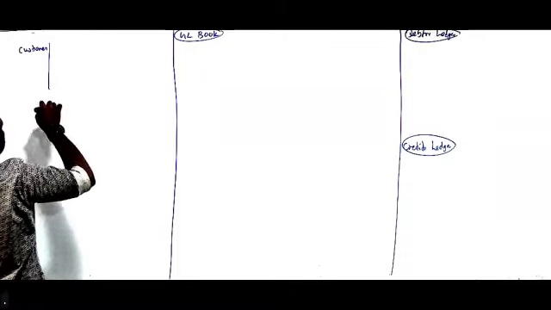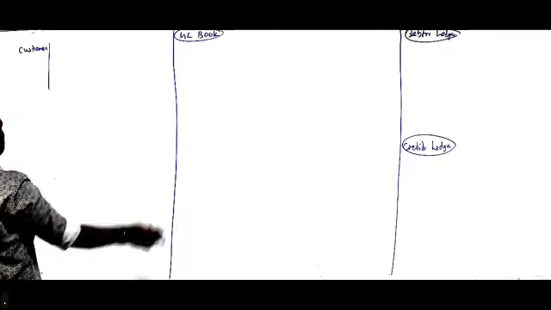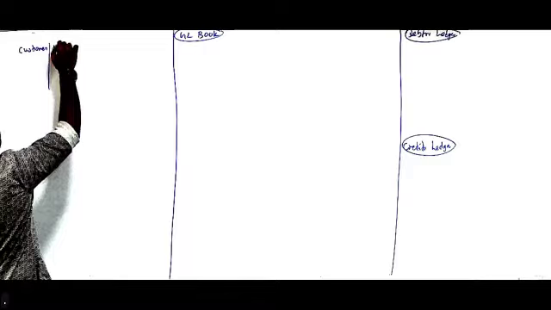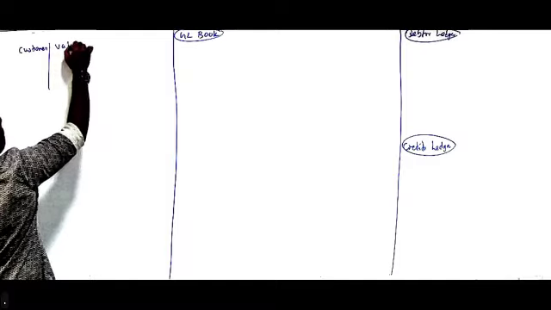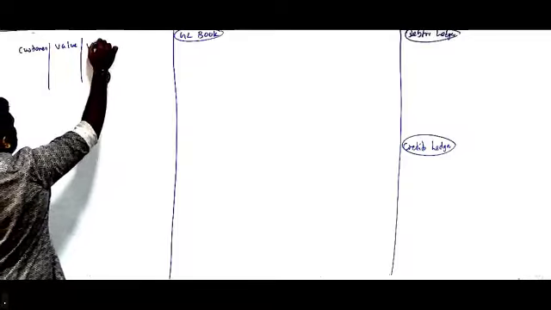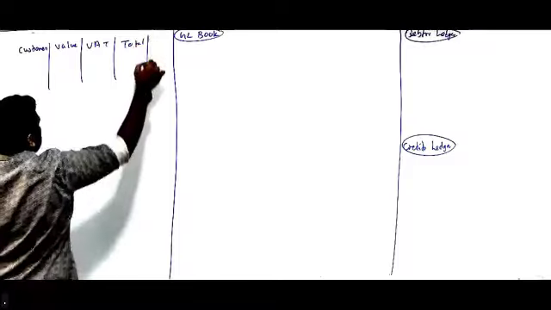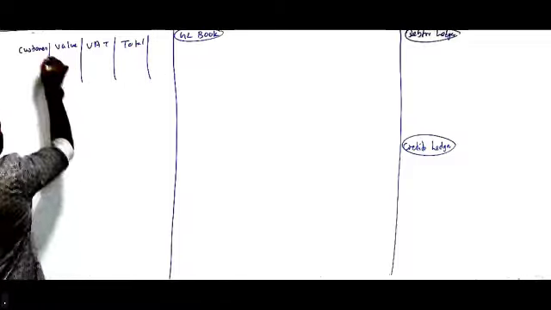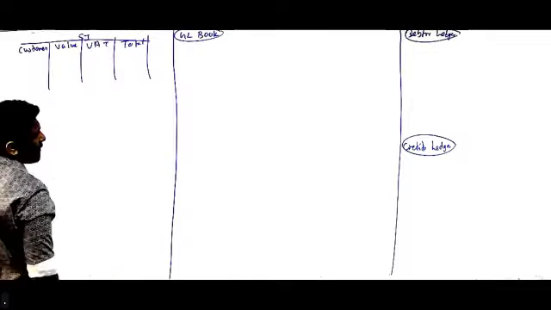Customer is there. Value is there. And VAT is there. Total is there. So this is a VAT registered business. Read the question and see. Sales journal.